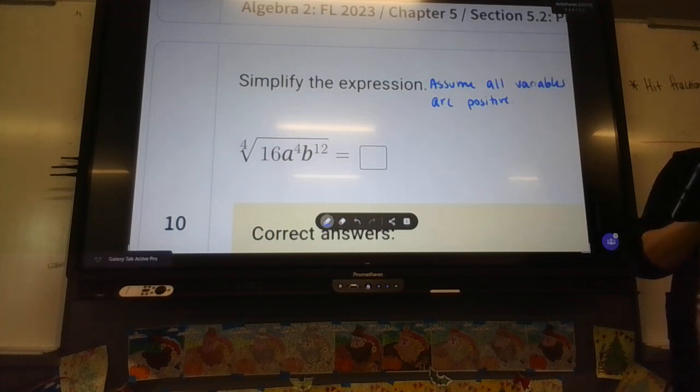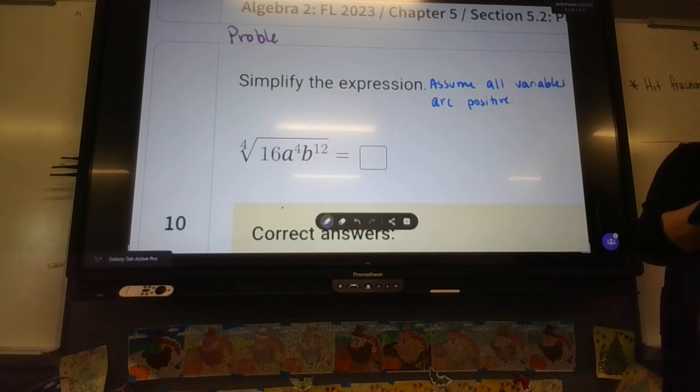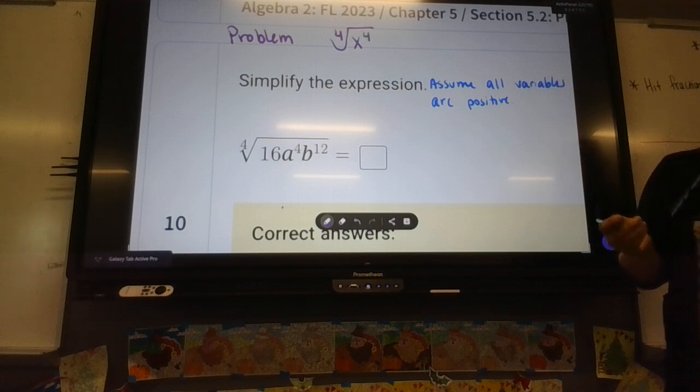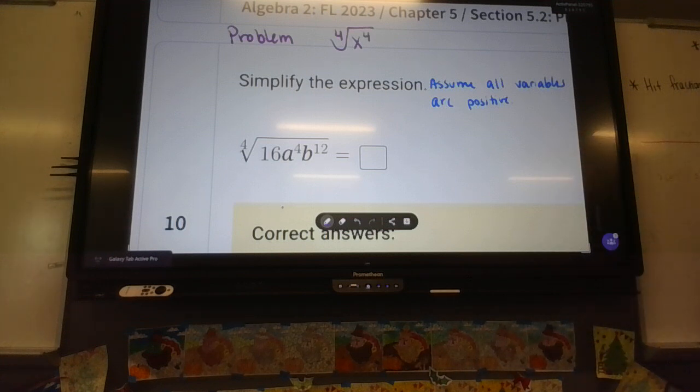There's a huge problem with something like this. The fourth root of x to the fourth. Sometimes students get caught up in thinking, what about x equals -1 in this scenario?